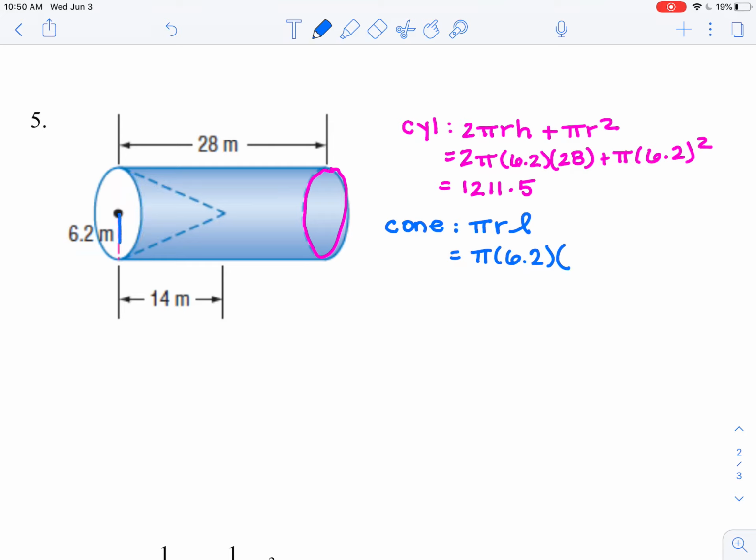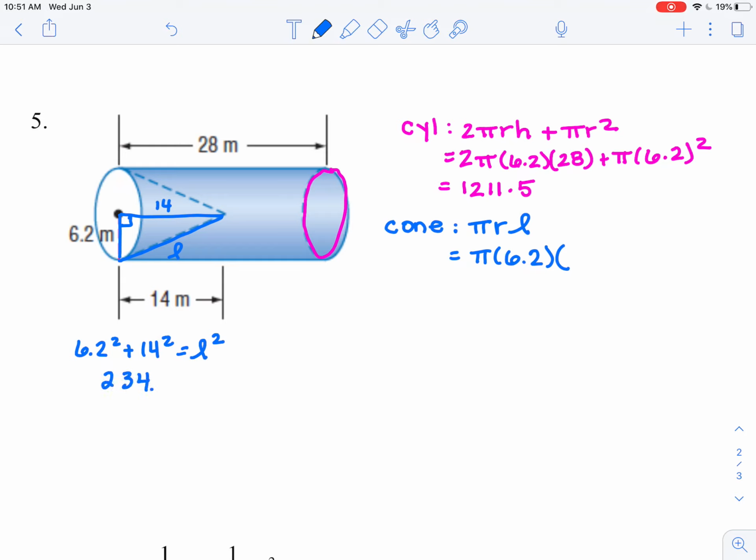So if I connect the radius with the normal height of 14, I can use the Pythagorean theorem again to find the slant height. So we have 6.2 squared plus 14 squared equals our slant height squared. That's 234.44 equals L squared.